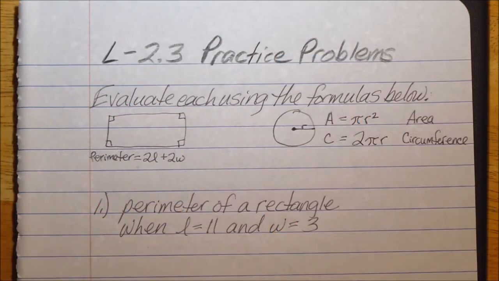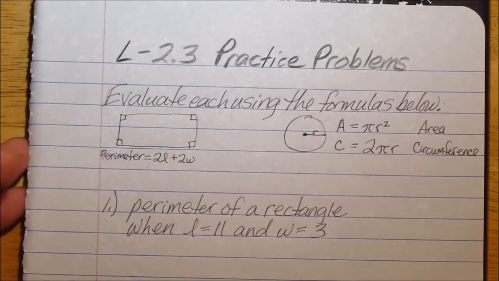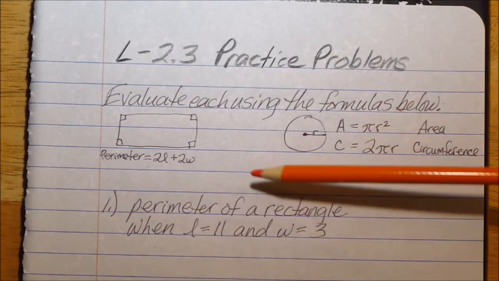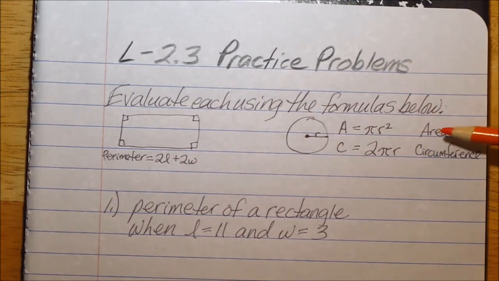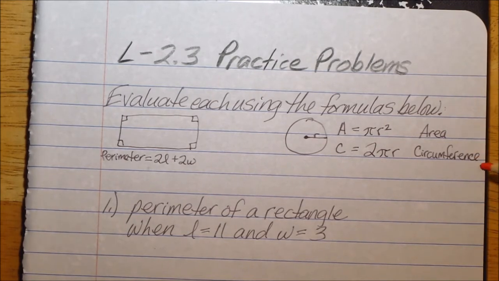Practice problems for lesson 2.3. There's just 3 of them, one of each flavor. You're going to evaluate using each of the formulas below: the formula for the perimeter of a rectangle, the formula for the area of a circle, and the formula for the circumference of the circle. You'll need to use those formulas as you solve these.